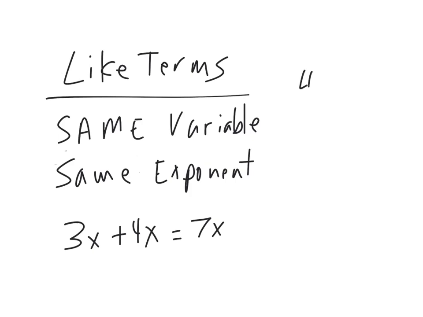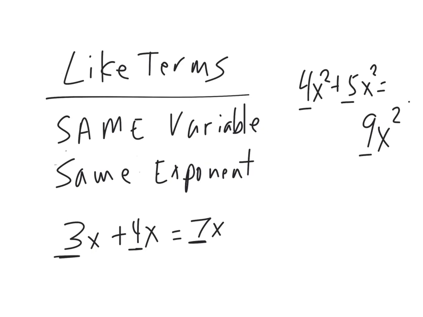If I had 4x squared and 5x squared, that's going to be 9x squared. I can put their coefficients together. So the coefficient is the 3 and the 4, and that makes a new coefficient of 7. The variable did not change. Same thing here. My 4 and my 5 go together to make 9, and the variable stayed x squared. Just the like terms, I put them all together.